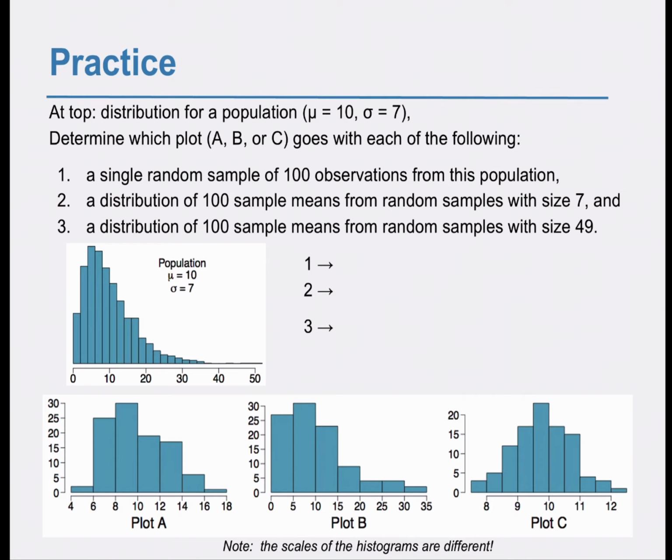So this is the distribution for the population with a mean of 10 and a standard deviation of 7. So which plot is going to go with a single random sample of 100 observations from this population, a distribution of 100 sample means from random samples with size 7, or a distribution of 100 sample means from random samples with size 49?